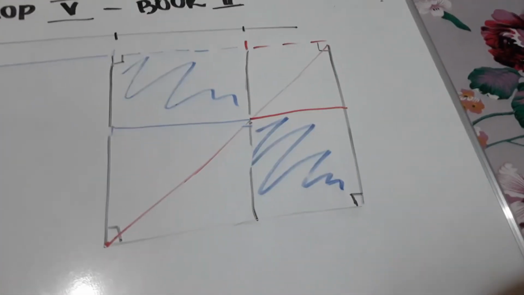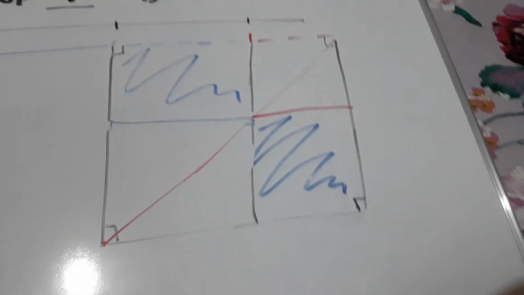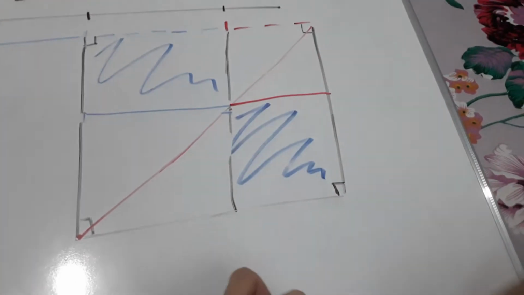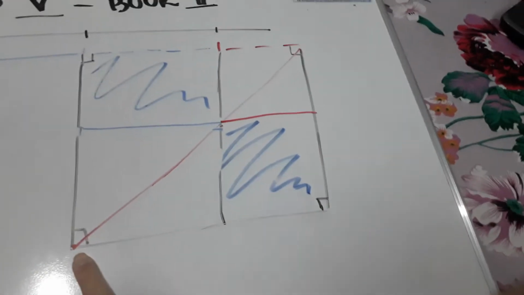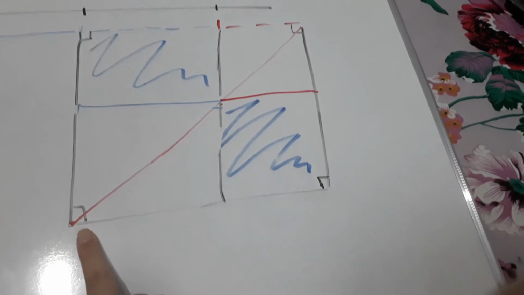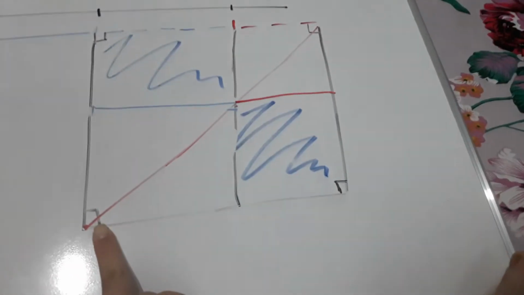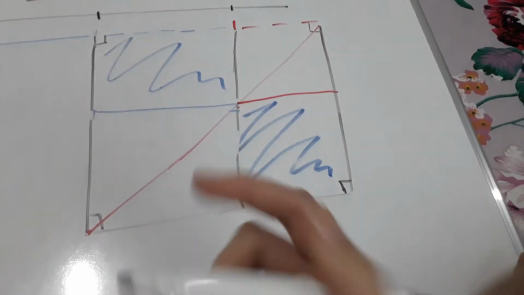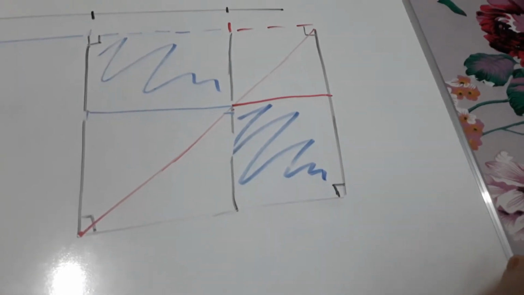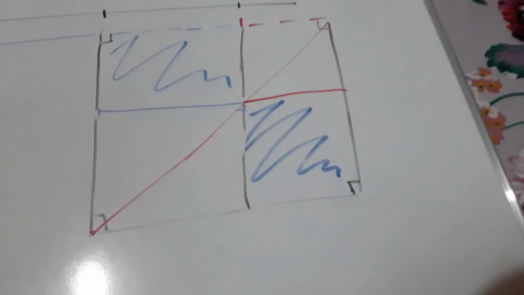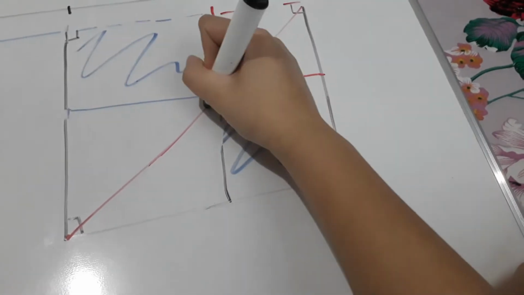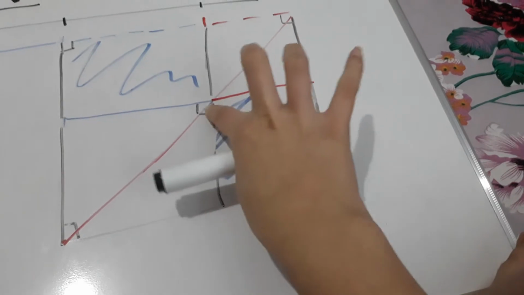So how are we going to do that? We're going to do that as always, as we had that this was a right angle because we made it a right angle.